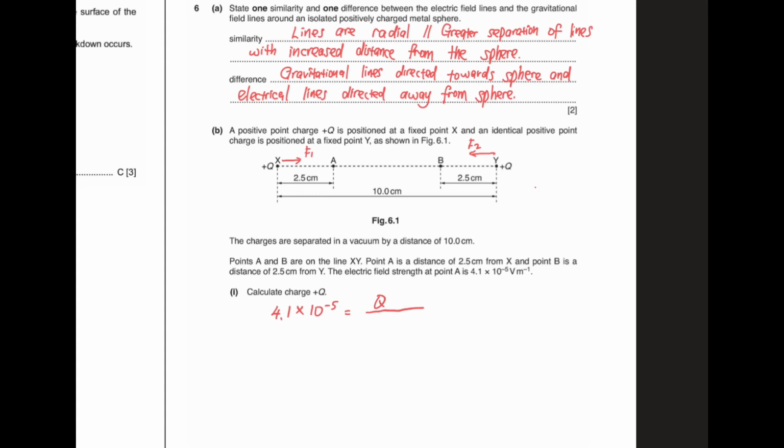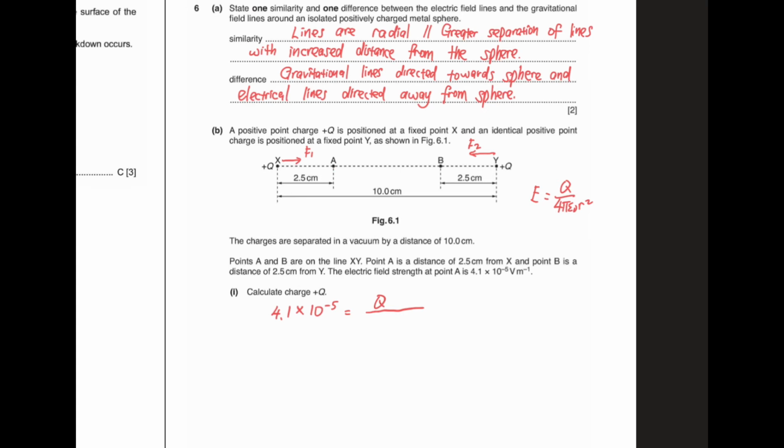By the way, the formula E is equal to Q over 4 pi epsilon naught R squared. So as I said, 4.1 times 10 to the power of negative 5 is the net electric field strength. So we have to take the electric field due to the charge at point X minus the electric field strength due to the charge at point Y.